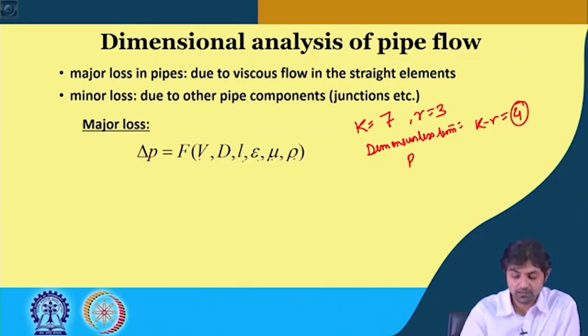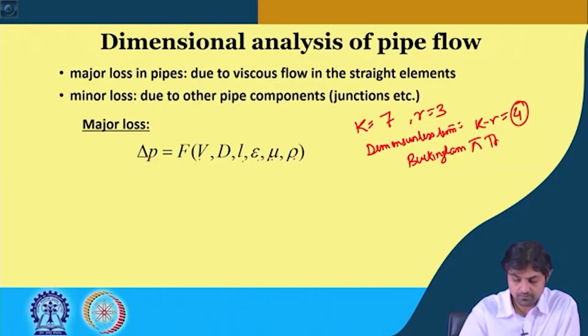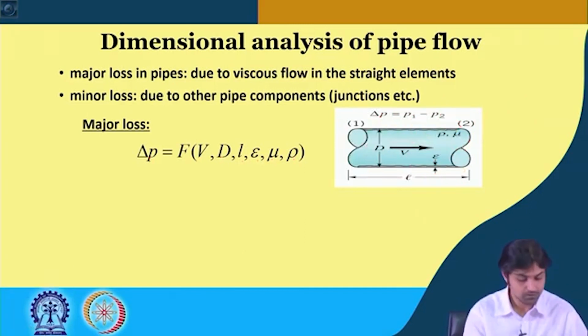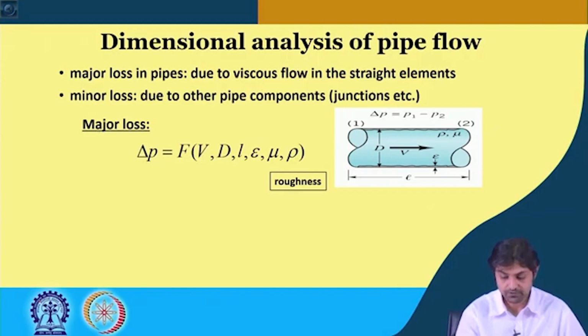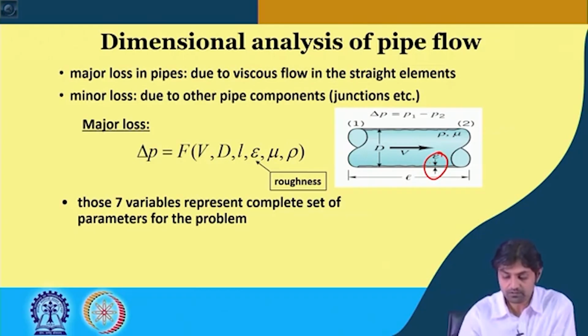If you do the Buckingham pi theorem analysis, we are going to get, as I said, this was the roughness element epsilon, the roughness element as I showed you before as well.